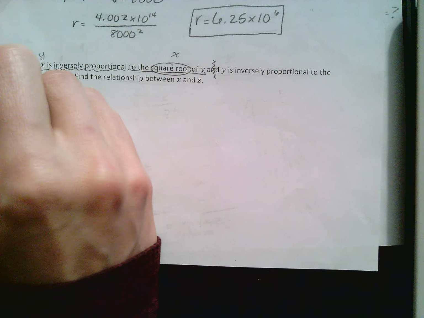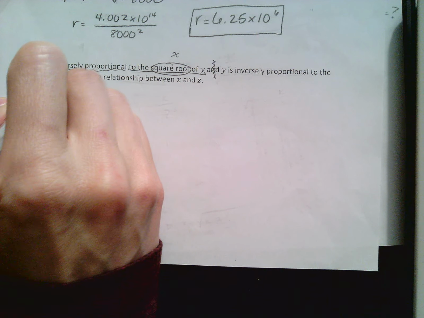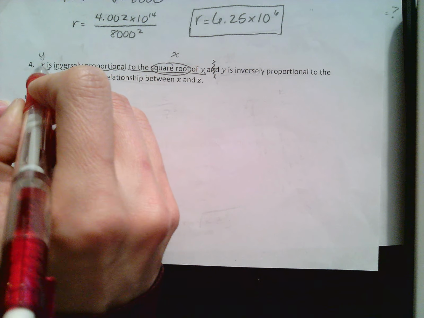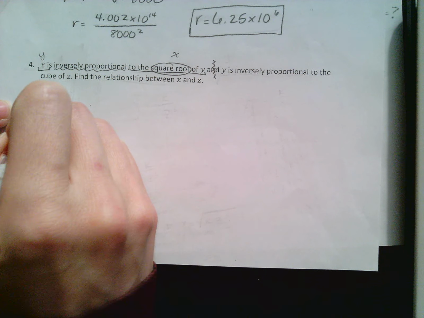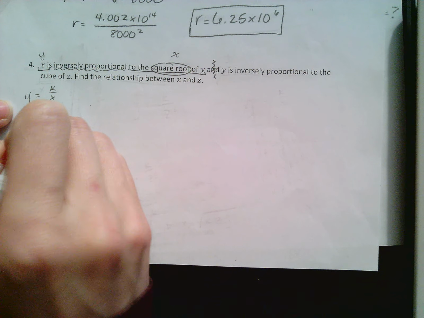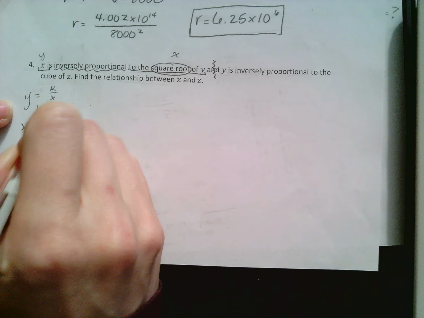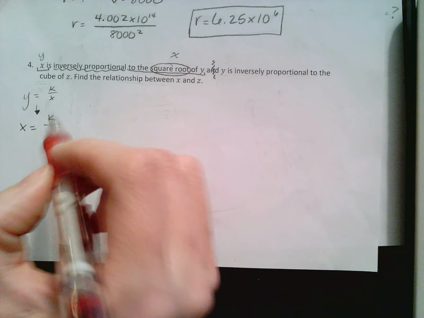And this tends to be our x place. So where I would normally write y equals k over x, now x is going in for the y place. So it becomes x equals k over the square root of y. And that's how I create that equation.